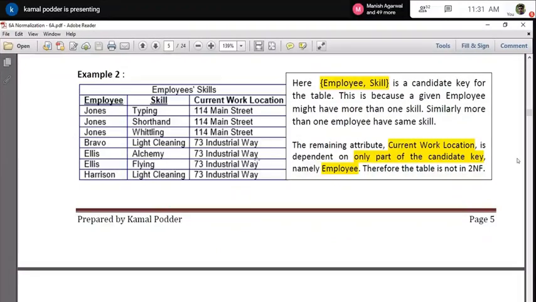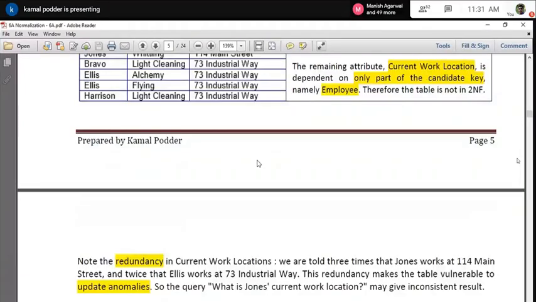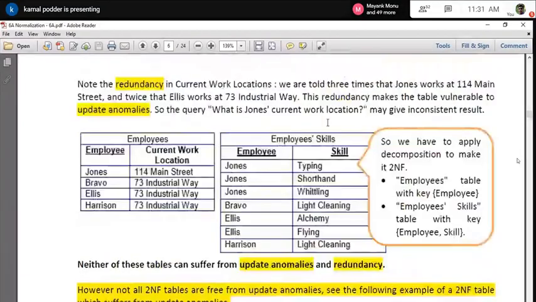So what you have to do is divide it. That means you keep the skill in a different column. For the skill set, you create a different table, and there you have to indicate the skill of which employee. So there should be an employee column also, as the employee can have more than one skill.